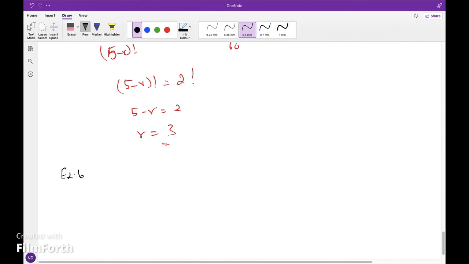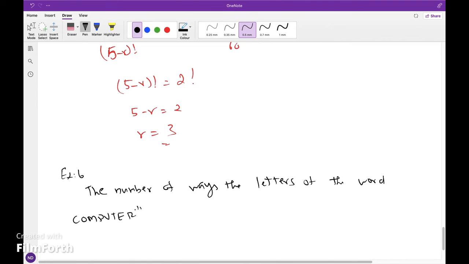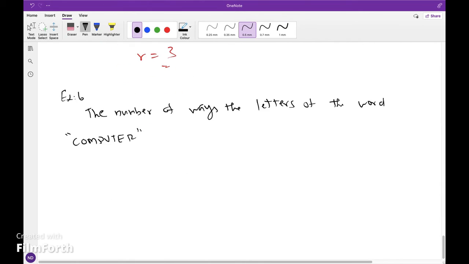Next example. The number of ways of arranging the letters of the word computer. Solution.